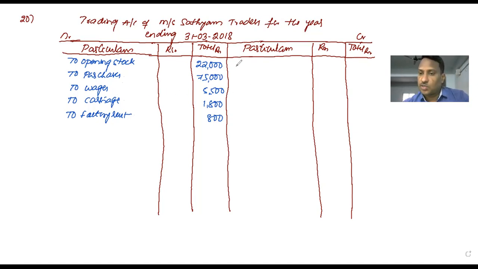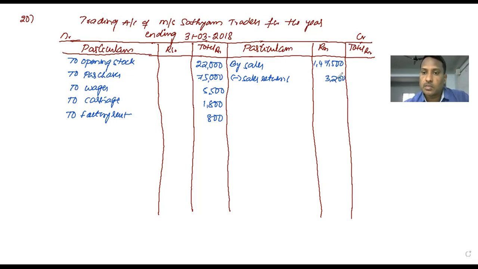Credit side, we know there are only two: sales and unsold. Unsold means closing stock. The amount of sales is 1,47,500. I have written the amount in the first column because there are sales returns, which are on the debit side. Minus sales returns 3,200.